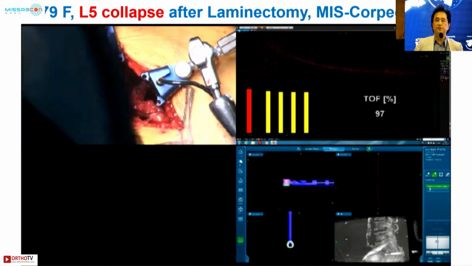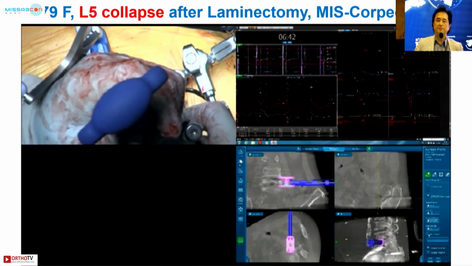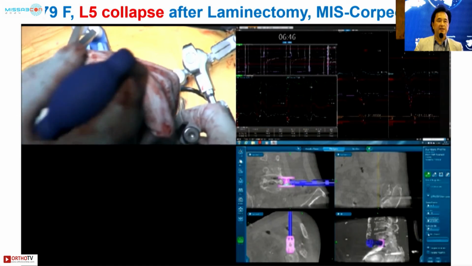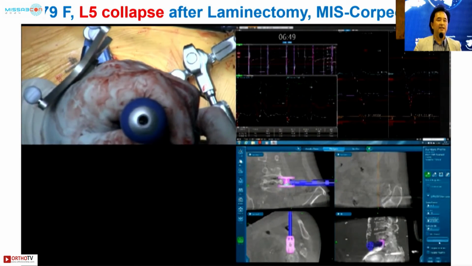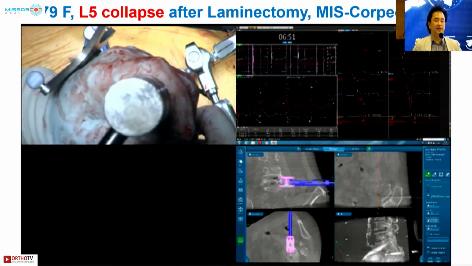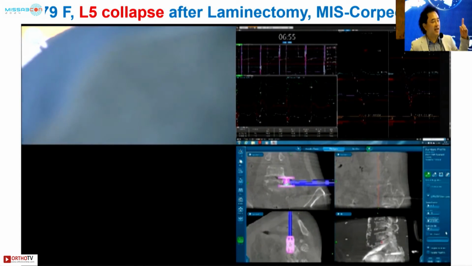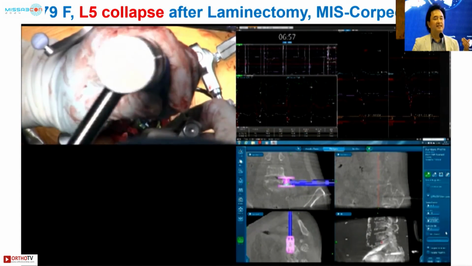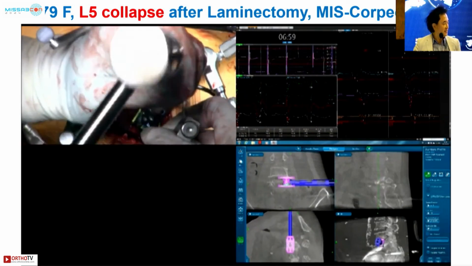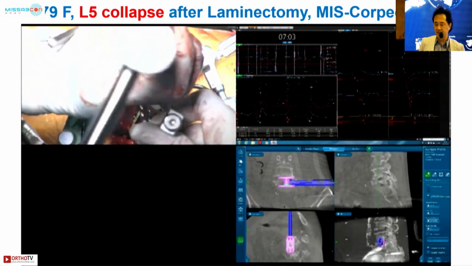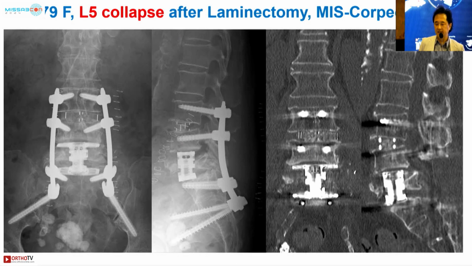But unfortunately, the expansion cannot be navigated. We expand the cage and then take a radiogram. We always get out of the OT and then take an X-ray and check the position. This is the final X-ray.